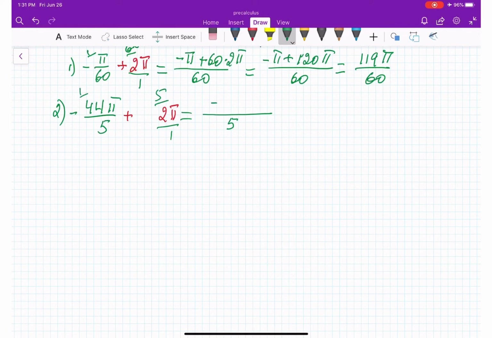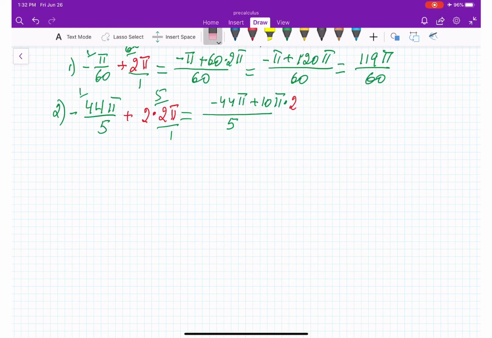So negative 44 pi, and here 5 times 2, I'm getting 10 pi. So we need a positive coterminal. Here I will end up with negative, right? Negative 44 plus 10, which means 1 time 2 pi is not enough. I'm going to take twice, which is going to be, if I multiply here twice, because I will have 4 times.